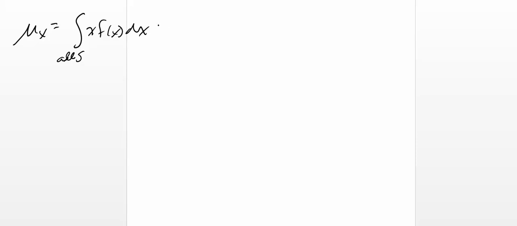In our case, that's going to be the integral of x times 0.04x dx evaluated from 0 to 5. So we're going to integrate from 0 to 5 that part.